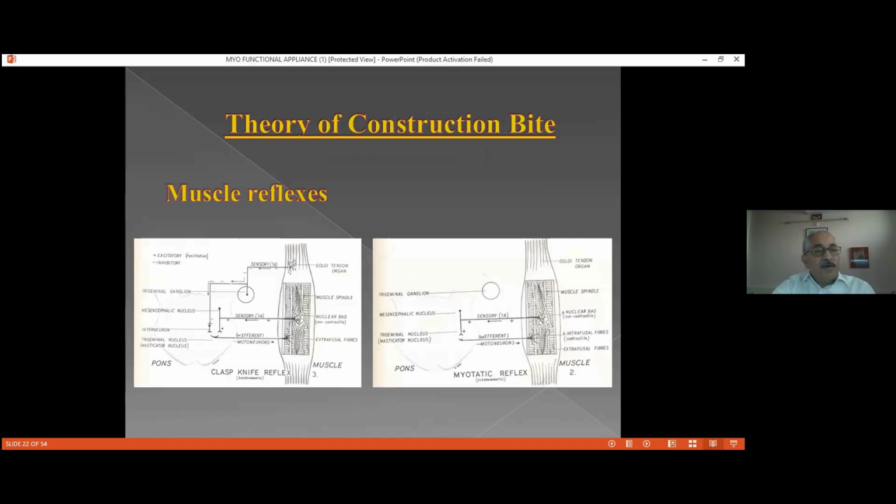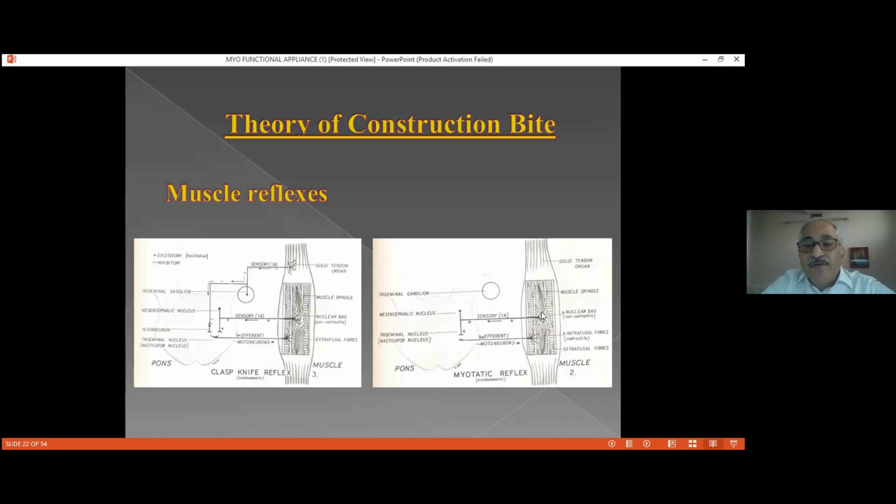Now, the theory of the construction of the bite is that there are certain muscle reflexes. When the appliances are being worn and the mandibular forward positioning has been given, the stretch reflex, which we call the myotactic reflex, is elicited in the muscle. The muscle has muscle spindles, which are made up of intrafusal fibers, having a nucleus here.